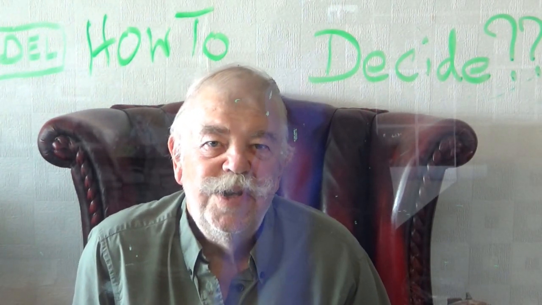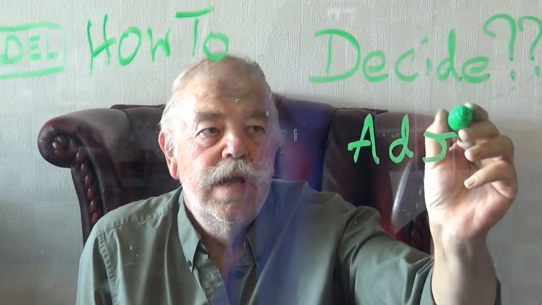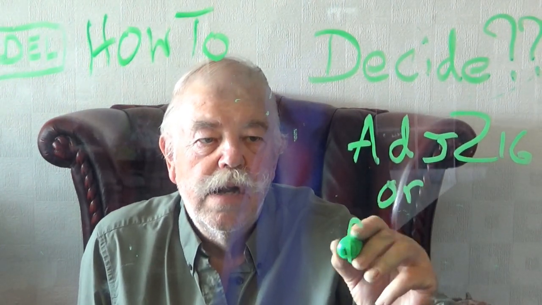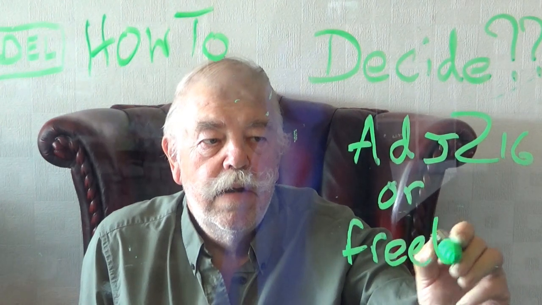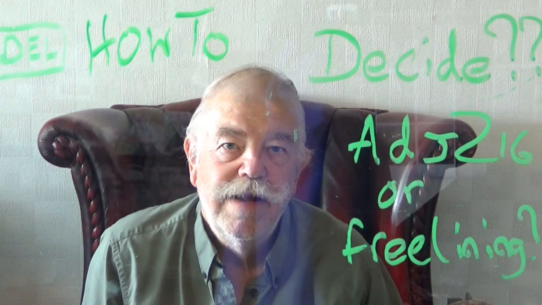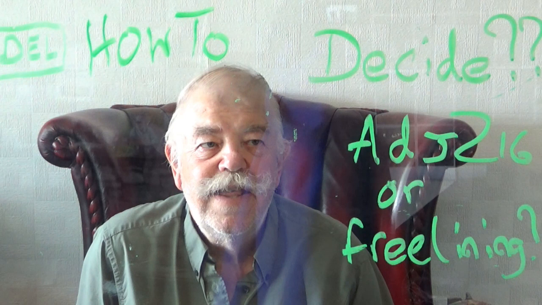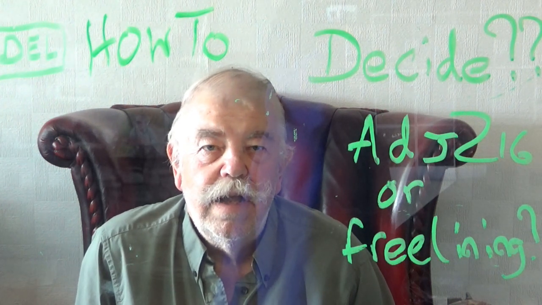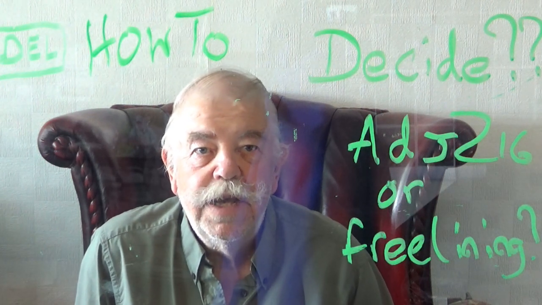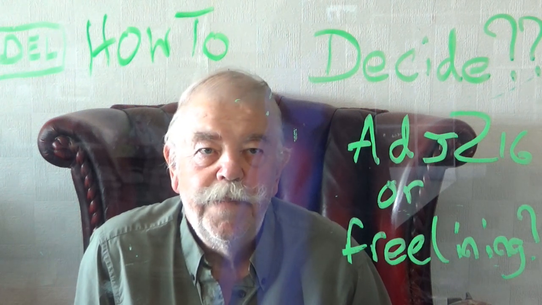So, how to decide? Adjustable zig or freelining? Well, experience has taught me that if we have both set up or easily changeable, then we can adapt to the conditions.